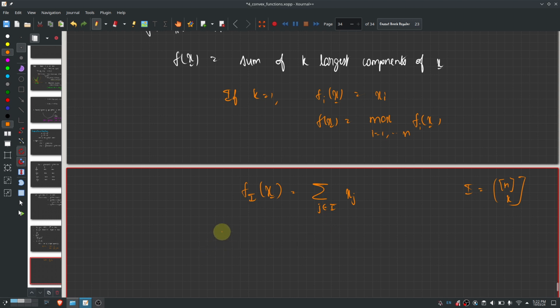So for example, if x lies in, say, R3, and I'm looking at the sum of two largest components, then this would be x1 plus x2, x1 plus x3, and x2 plus x3. So this would be my first function, this would be my second function, and this would be my third function.